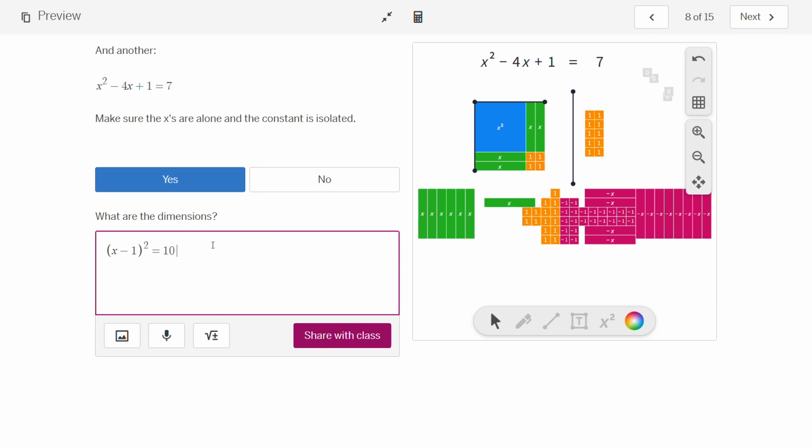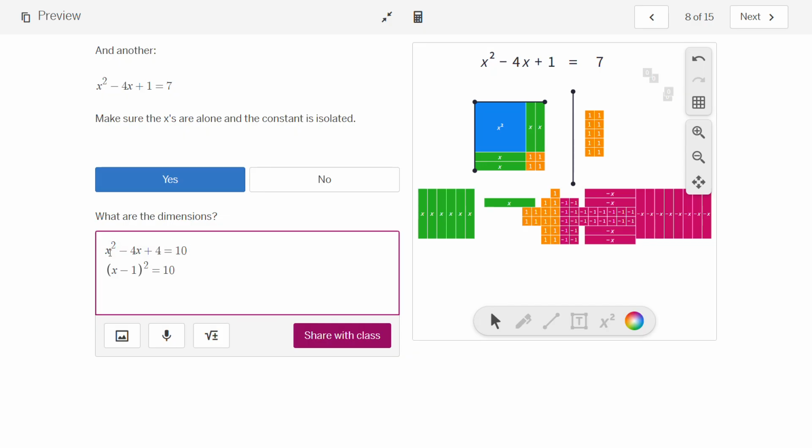If you were also talking about, let me do this as well, so that you see how that would look. This would be x squared minus 4x plus 4, and that would be equal to 10.